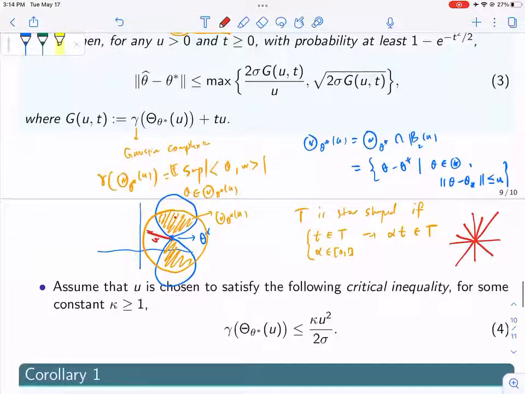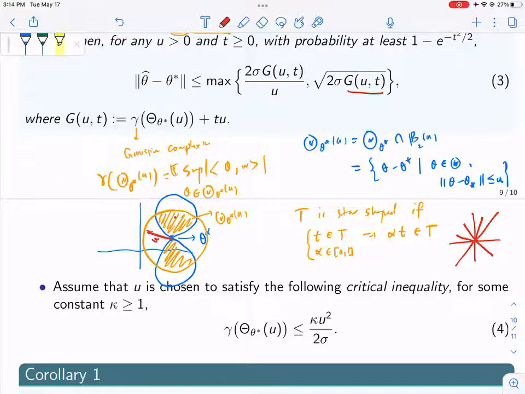So this one goes up because this is measuring the complexity, the width. You can imagine the size gets bigger, this gets bigger, but this is going to grow slower than u, it turns out. So this gets bigger faster, so this goes down. So as I increase u, this goes down and that goes up. So I'm going to try to balance.